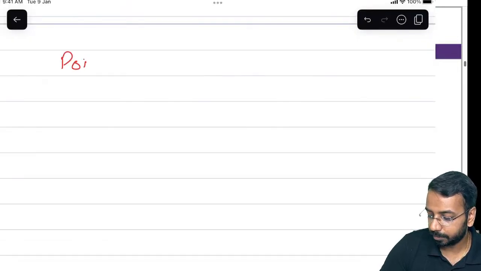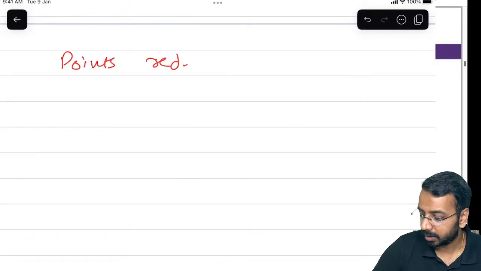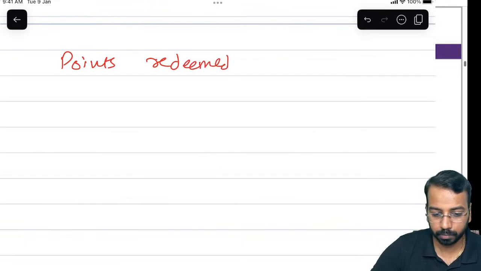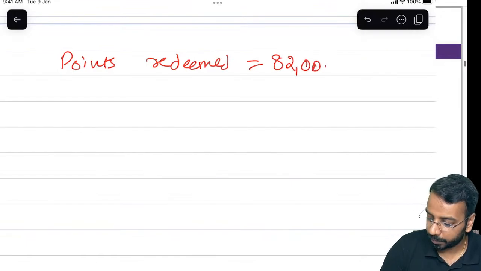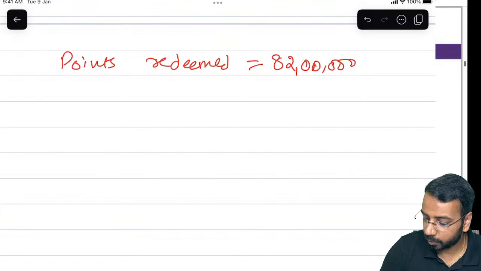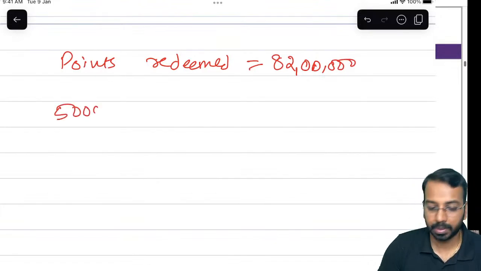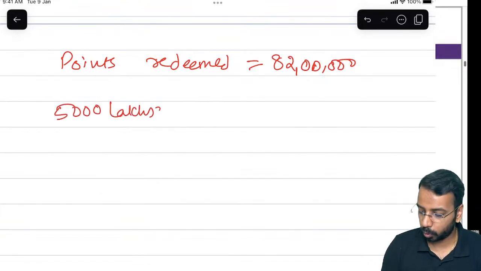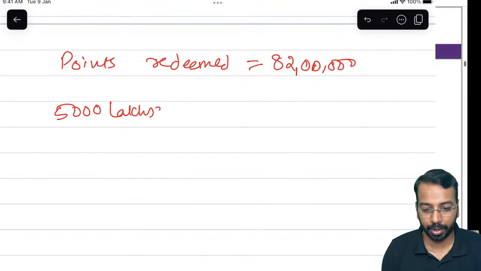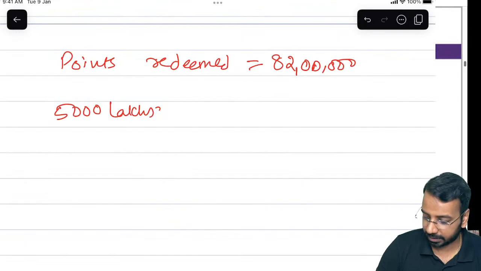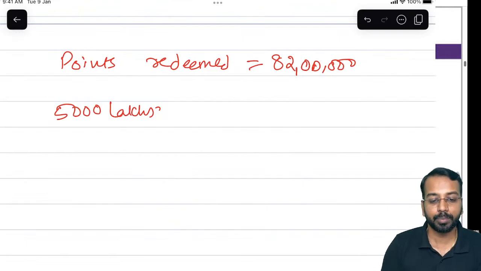Points redeemed is how much? 82 lakhs. Right. Now 5,000 lakhs worth of product were sold. On this 5,000 lakhs, how many points did we give?